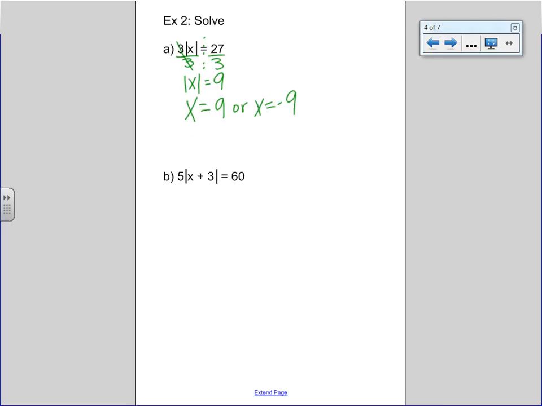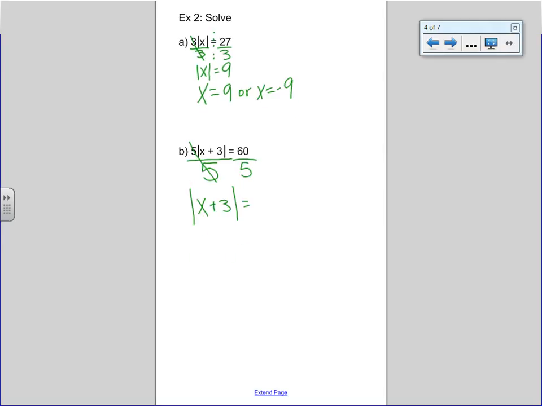On B, we're going to do the exact same thing. Okay? I have to get the absolute value bars completely by themselves before I can solve the problem. So 5 is being multiplied by the absolute value of x plus 3. So I have to divide by 5 on both sides. What I do to one side, I must always do to the other. The 5's will cancel, leaving me with the absolute value of x plus 3 equals 60 divided by 5 is 12.